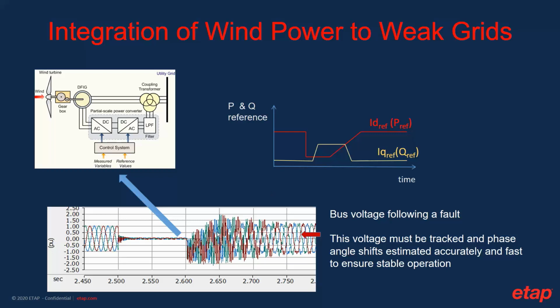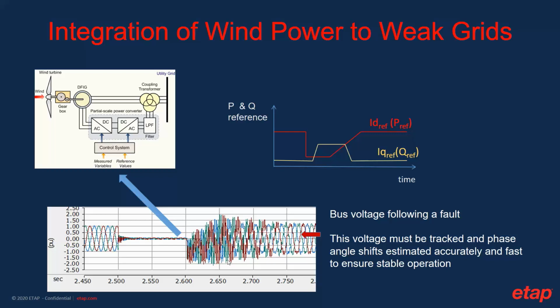If the phase lock loop does not estimate the voltage angle correctly during this transient period, then there's a very good likelihood that the wind farm or the solar farm would fail to stay connected. So if the measurement of this transient is that critical, in RMS programs you just cannot model or represent these types of transients.